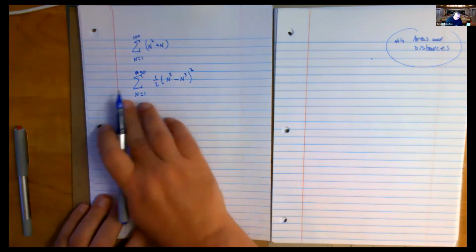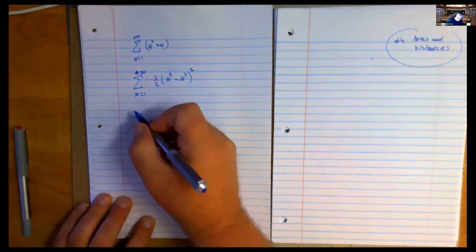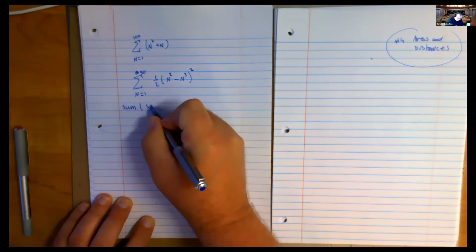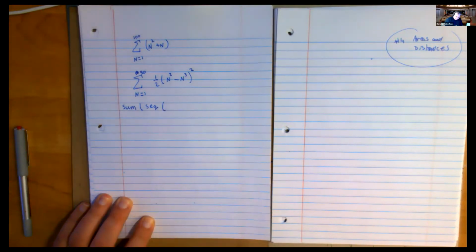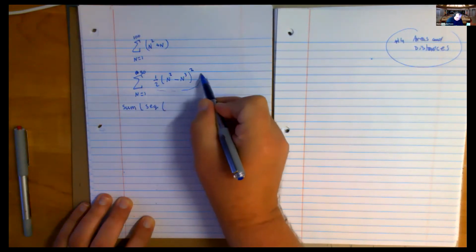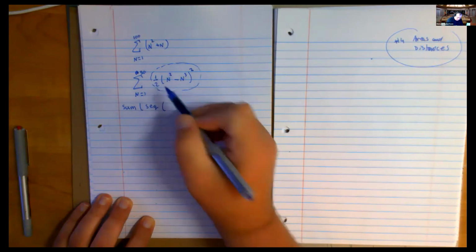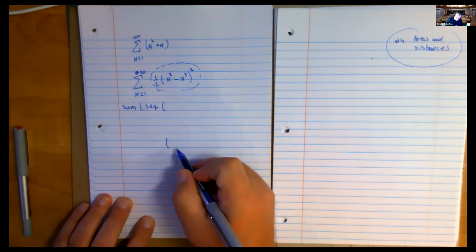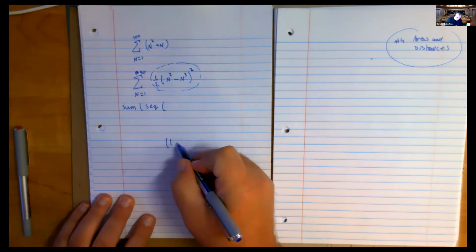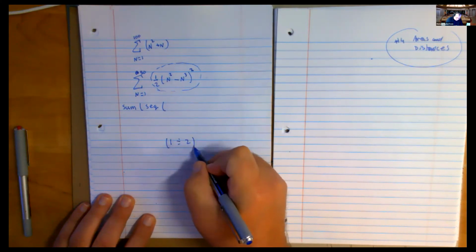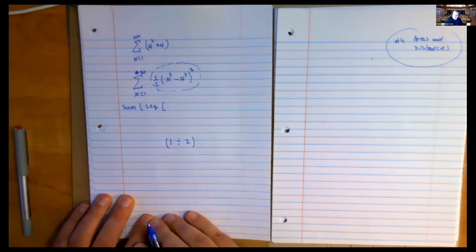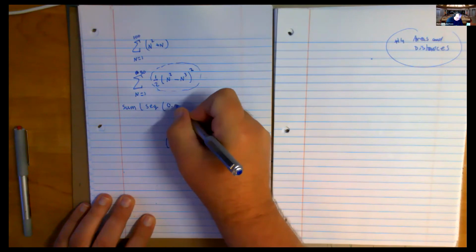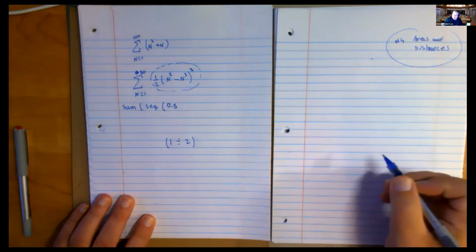Now, if I was going to do this using the calculator, I would do the sum, I'd do the sequence, and then I'd do all of this. Now, it's a half, you can actually do a half. It's a bit clunky if you want. You do a bracket 1 divided by 2 close bracket. If it's something that's pretty obvious, it's probably a lot easier just to call it 0.5, for calculations.